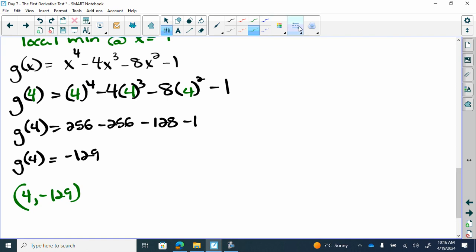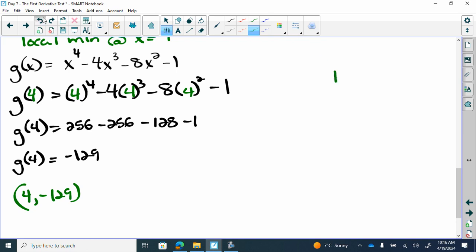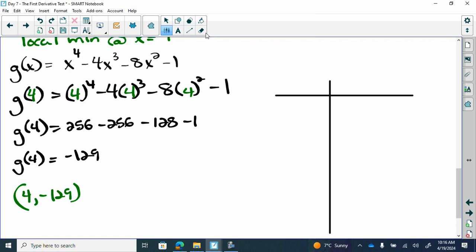Now, if I were to try and draw this roughly, it's my y-axis. I'll do my x-axis. How did I make it so crazy like that, like way down? I'm going to negative 129, you bet.